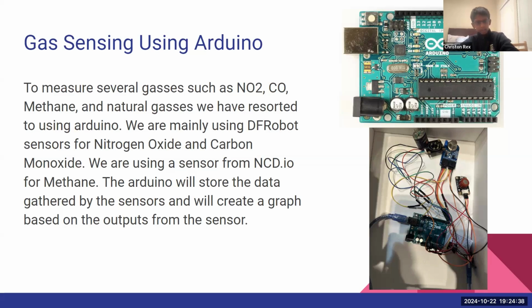Carbon monoxide is a colorless, odorless gas that can cause issues when inhaled, mainly health issues. And we decided to use an Arduino that will store the data gathered by the sensors and will create a graph based on the outputs from the sensors.